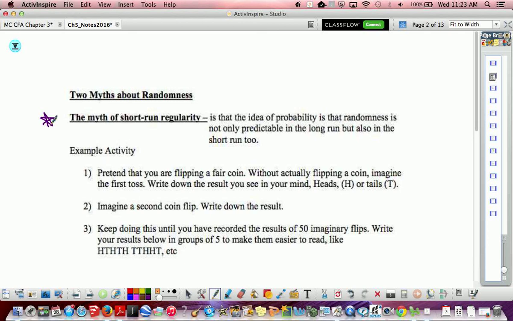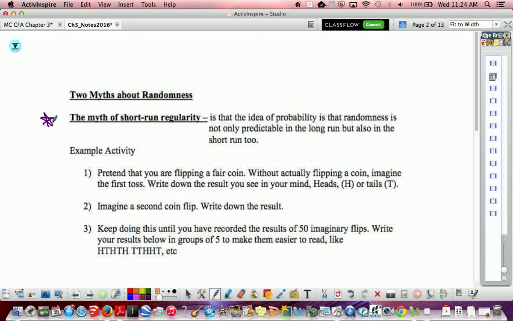And that's not necessarily the case. So for us to see this myth in action, we have a step-by-step activity that we're going to do here together.